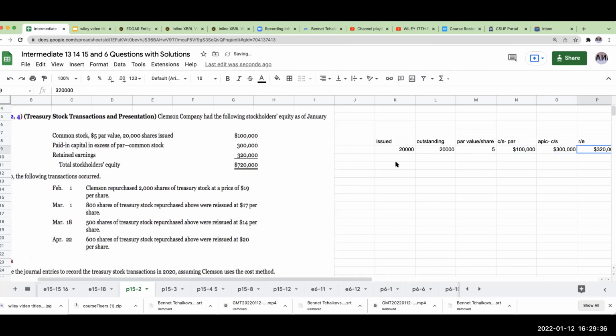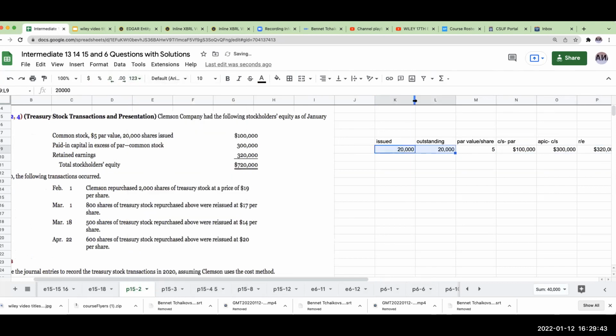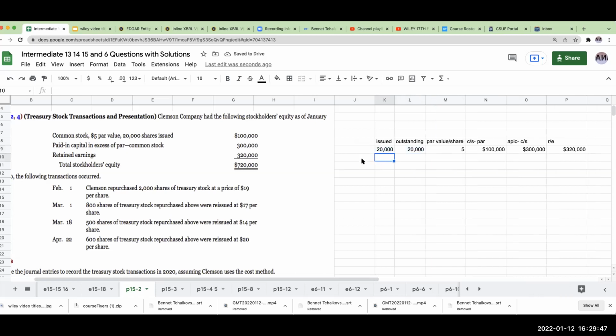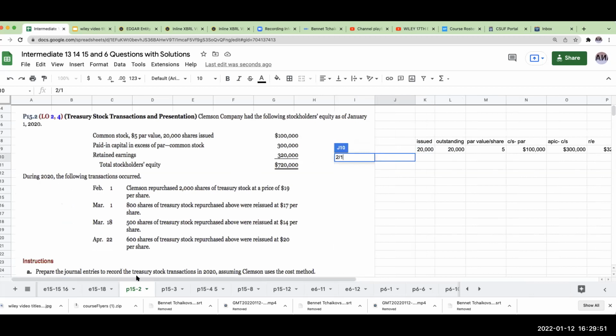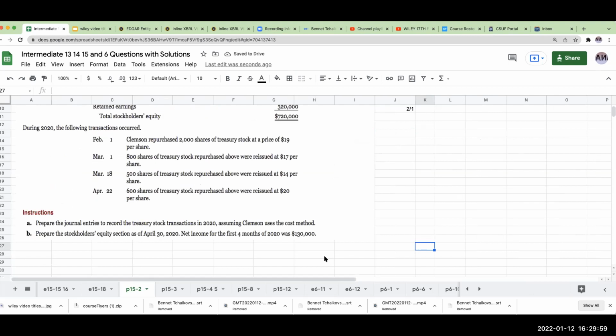All right, so right over here, for February 1st, prepare the journal entries to record the treasury stock transactions, assuming they use the cost method. Clemson repurchased 2,000 shares of treasury stock at a price of 19 per share.